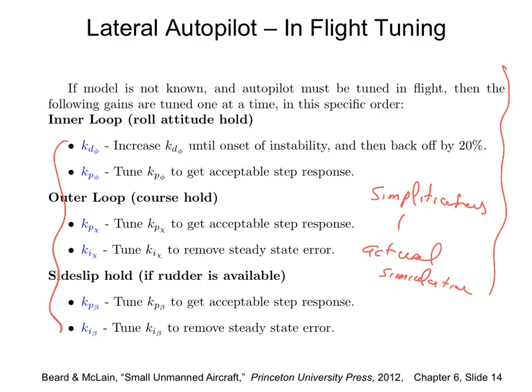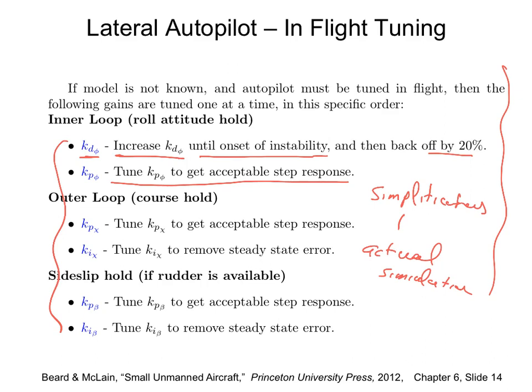The idea is, let's say you first put them in and see things are not working the way they should, then you want to tune this. So you increase your KD fee first, until you go to instability, and then back off by 20%. Then tune KP to get an acceptable step response.